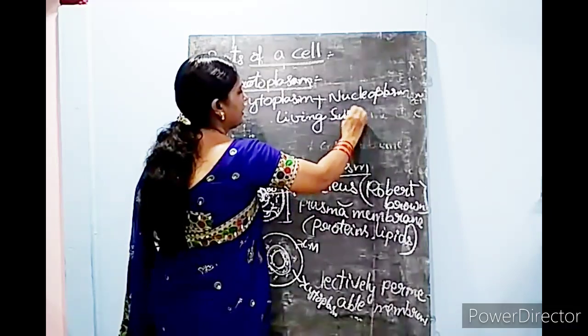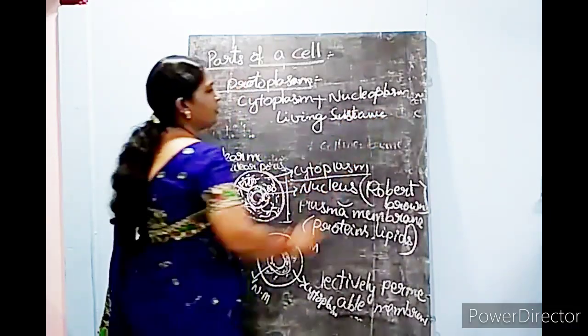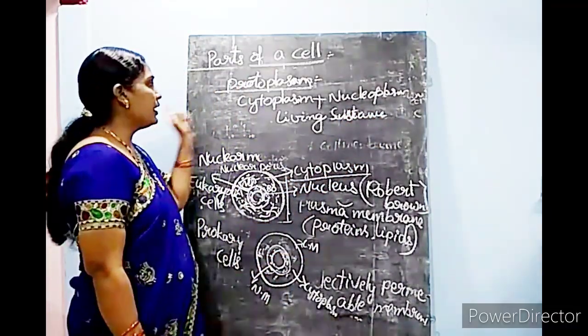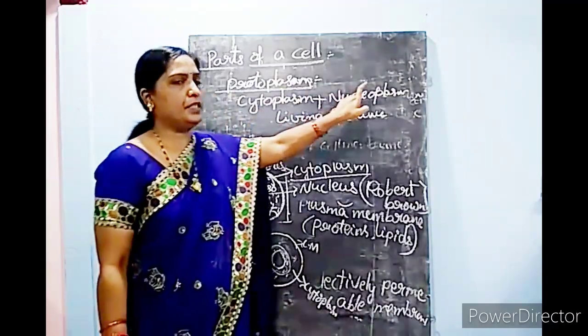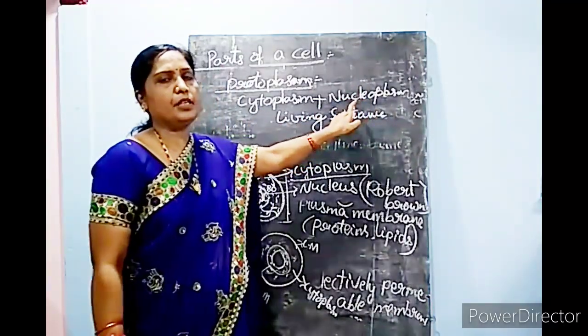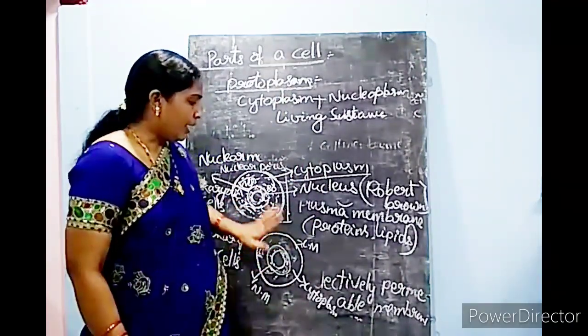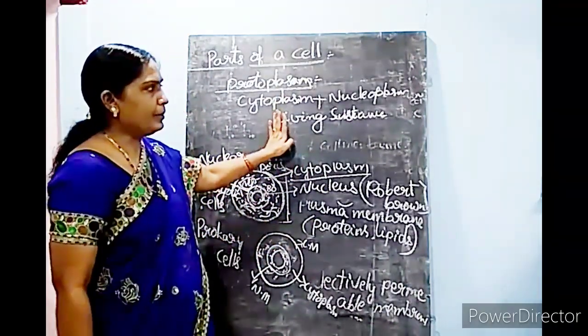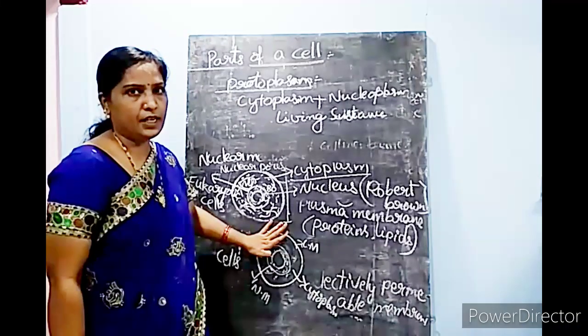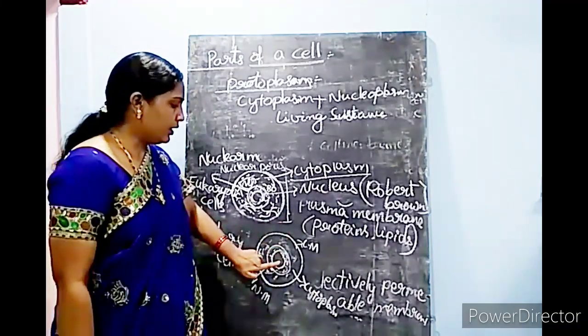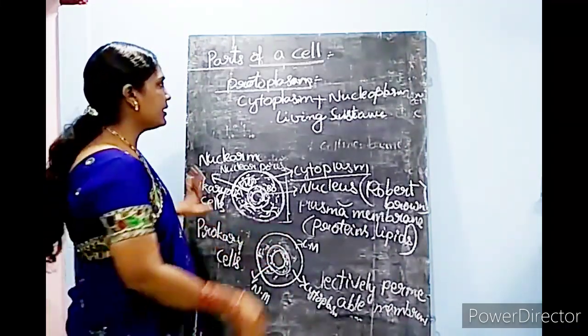Because of this, the cells are able to carry out their functions. And where cytoplasm is present and where nucleoplasm is present, you know clearly. So up to this, we have completed two components of the cell. Now, the last one, the nucleus.